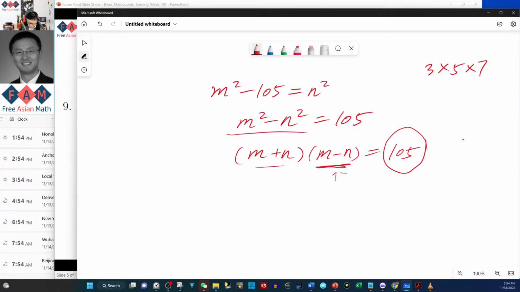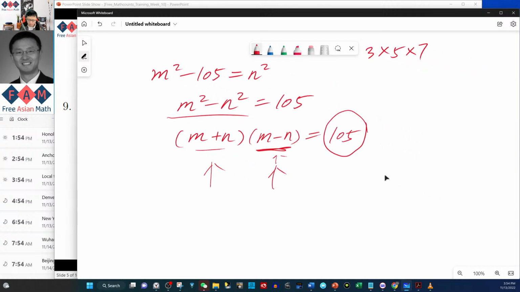But because we need two, we just need to break down 105 into a product of two integers and investigate all the possible ways, right? So 1 times 105, that's the very obvious one, but people tend to forget this in the first place because it's so trivial. It's just 1 times 105. Then you have 3.